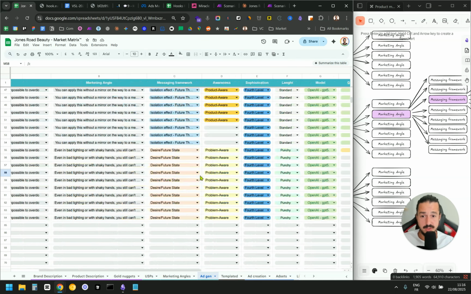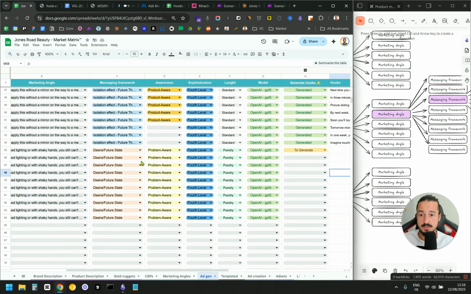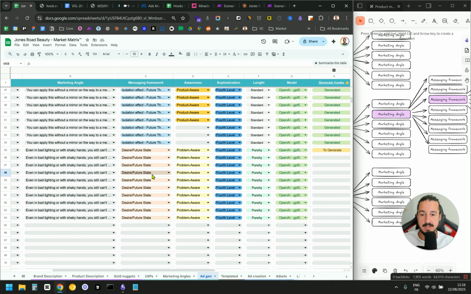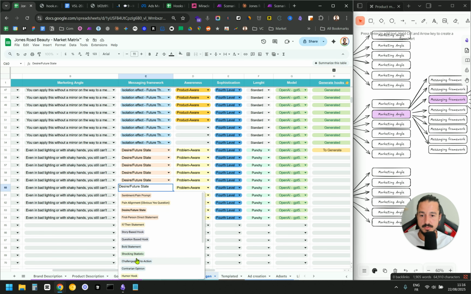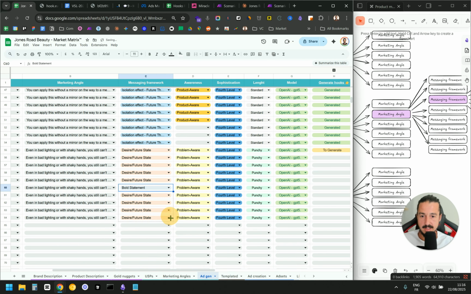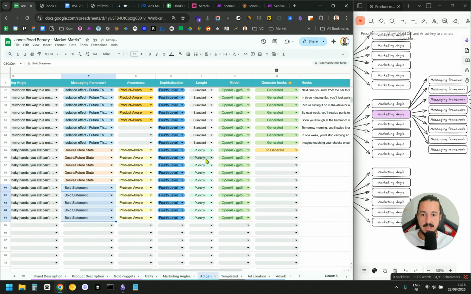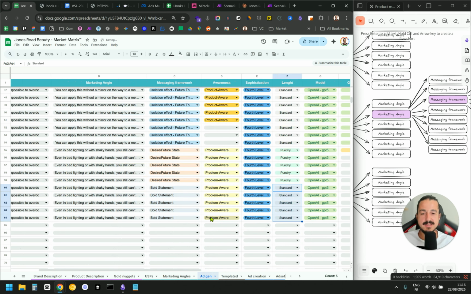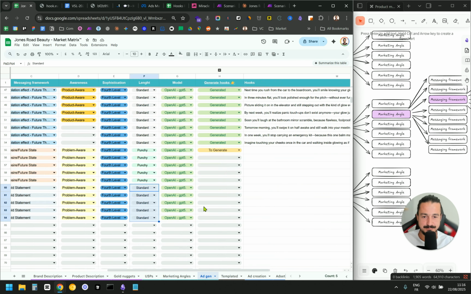We can also just try to create that, but we can also say, okay, now I don't want only this specific messaging framework, but I want to generate bold statements here. And I want the bold statements to be standard. So at this point, it's for you or your team to think, okay, what are we testing, in which order, and to generate one after the other, basically.